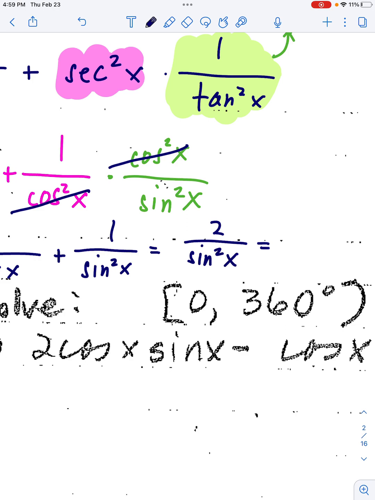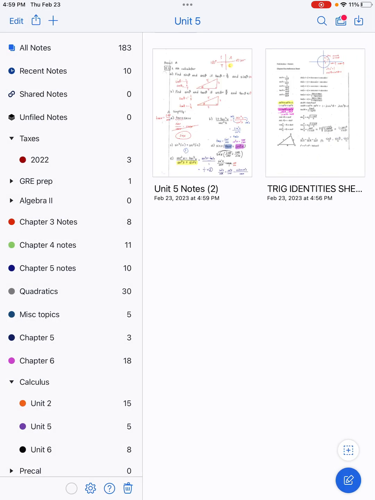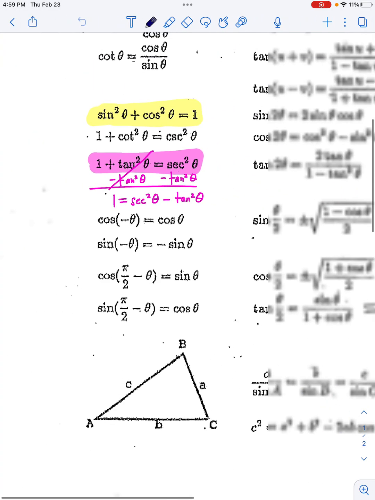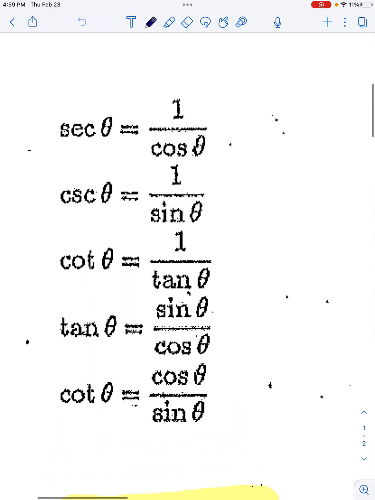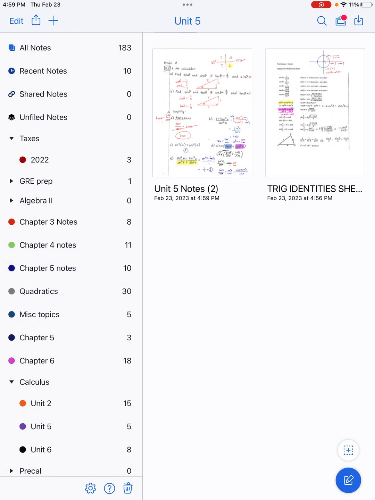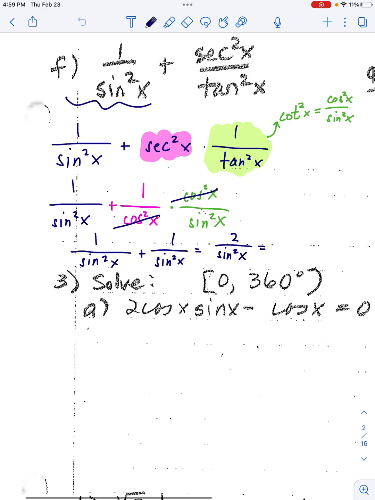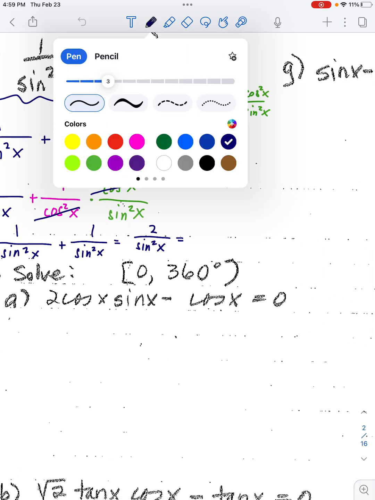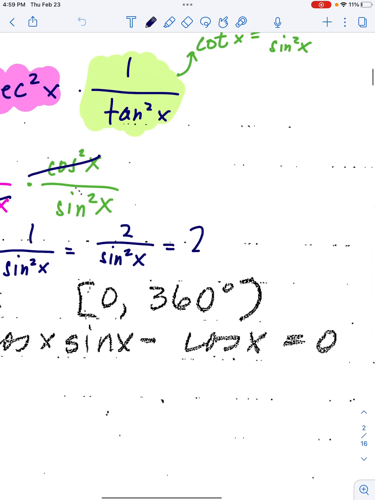And 1 over sine is cosecant on my identities sheet. Cosecant equals 1 over sine, all right? So 2 over sine squared is going to equal 2 times cosecant squared of x.